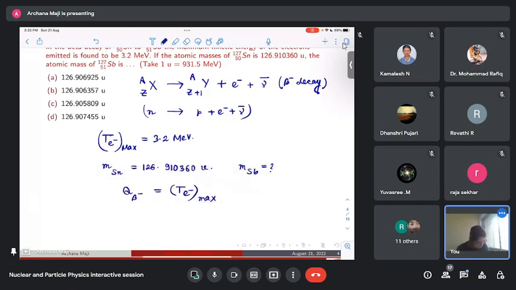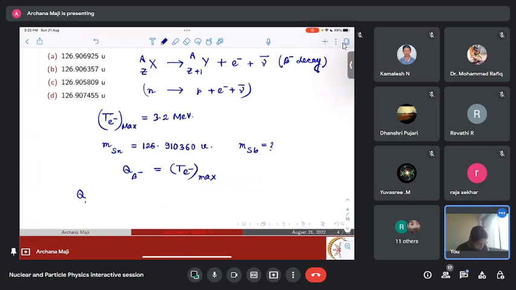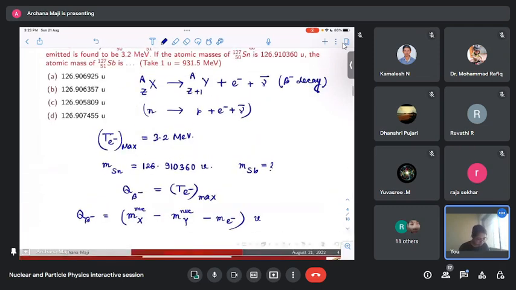What would be the Q value of this beta decay? That would be the nuclear mass of X minus the nuclear mass of Y minus the mass of the electron, in atomic mass units.